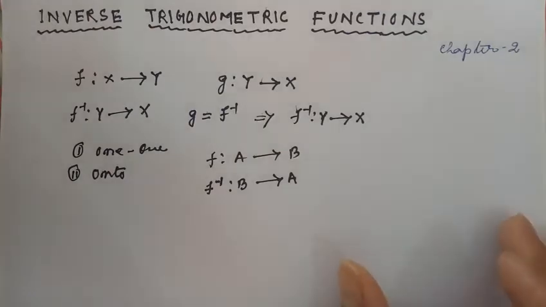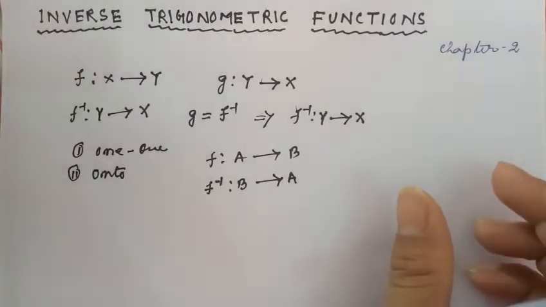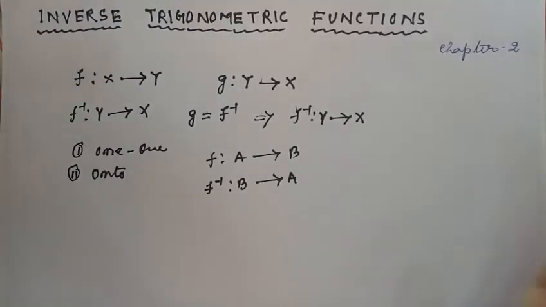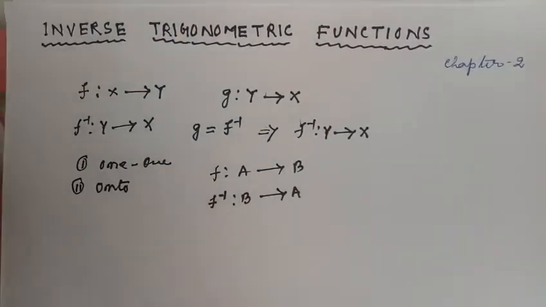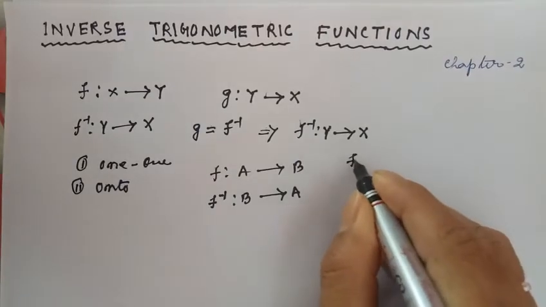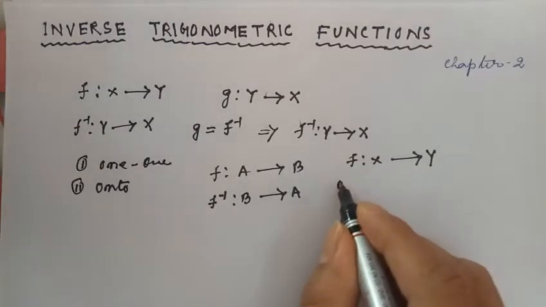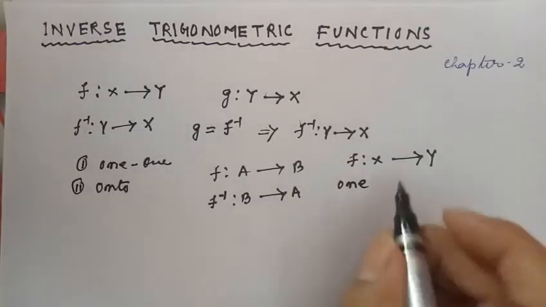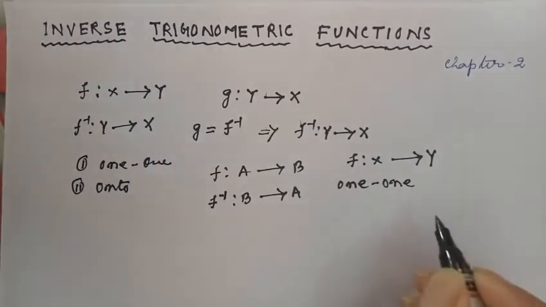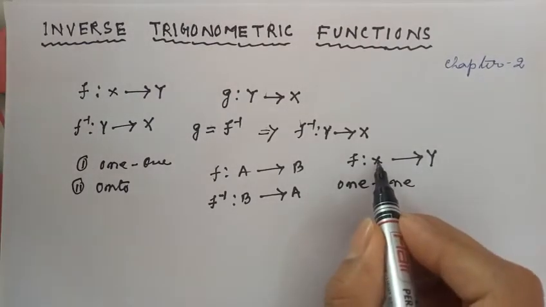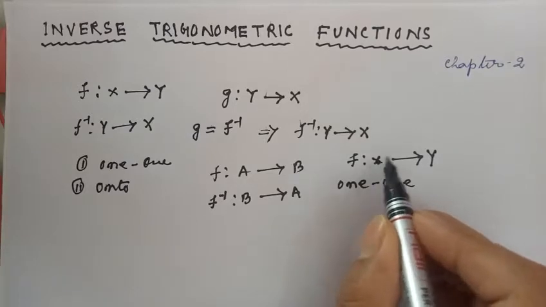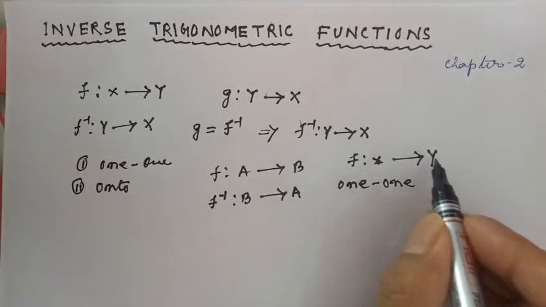So first we try to understand what one-one and onto mean. We already studied one-one and onto functions in earlier chapters, so let's see once again. If f from x to y is a function, for one-one, all the elements of set x have distinct images in y, then we call it a one-one function.